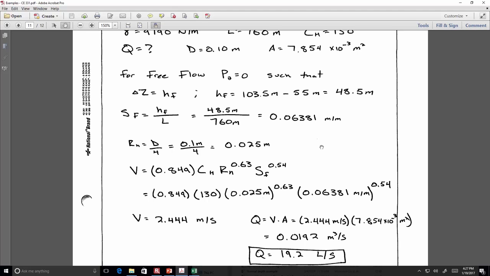So it should be 19.2 liters per second is the maximum we can get out of that system as it's pictured right now. If we put a pump in the line, then that would increase the flow rate. But just based on the difference in elevation, the driving force there is the potential energy of the water at location 1 is higher than location 2. So all we can get is 19.2 liters per second.